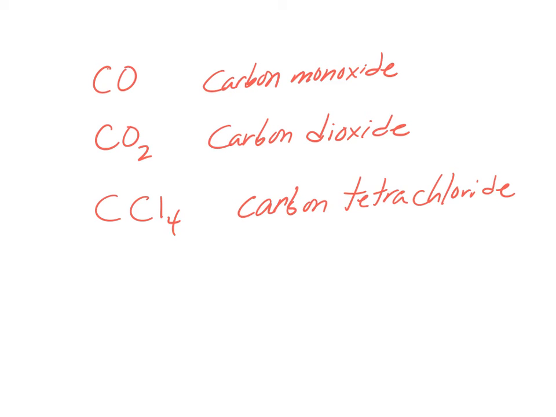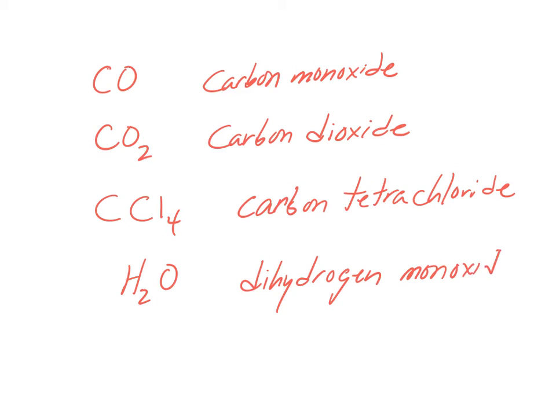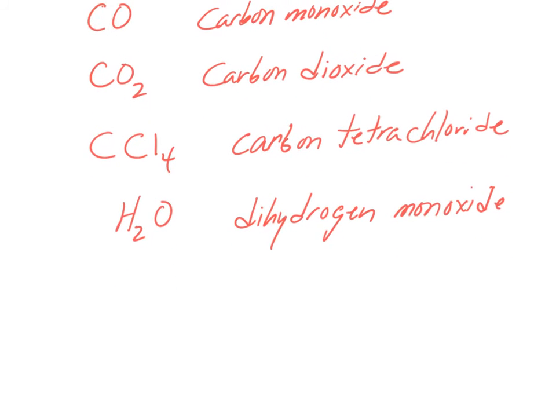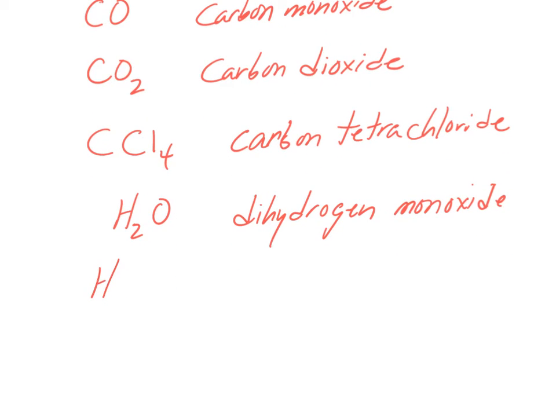How about this one? H2O. Ha! That's water, right? Well, if we were going to follow this scheme, we would actually call this dihydrogen monoxide. Dihydrogen monoxide. That is water. What about this one? H2O2.